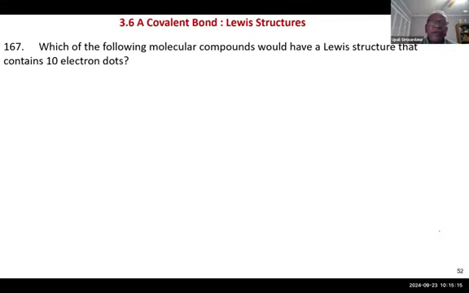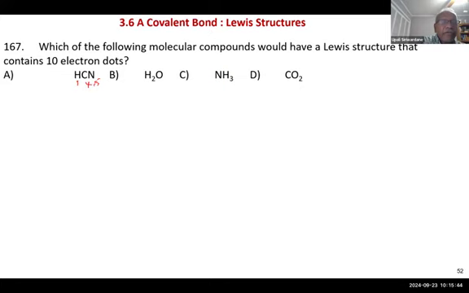Now we're going to go through a few more problems. Which molecule, covalent compound or molecular compound, has a structure with 10 valence electrons? Start with this. Hydrogen is 1A, 1 electron. Carbon has 4 valence electrons. Nitrogen is 5.